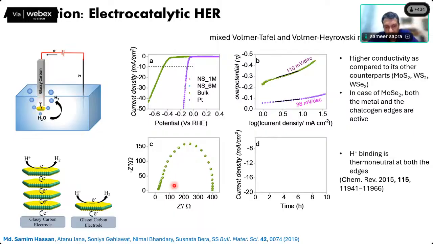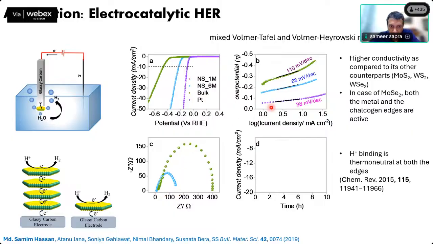So a resistive path and a capacitive path. The smaller this semicircle, the smaller is the sum of the capacitance and resistance. So you've taken molybdenum selenide bulk material, and now you take six monolayers of this material.